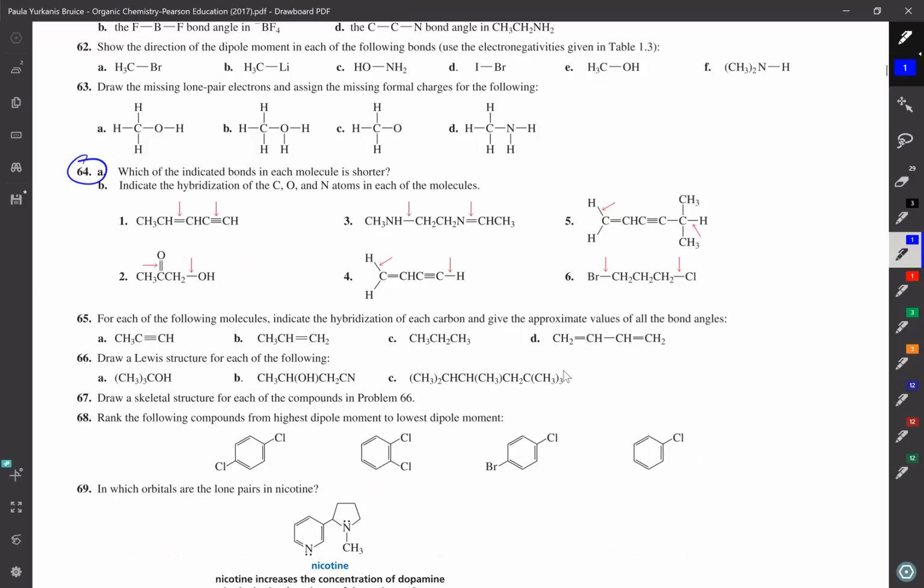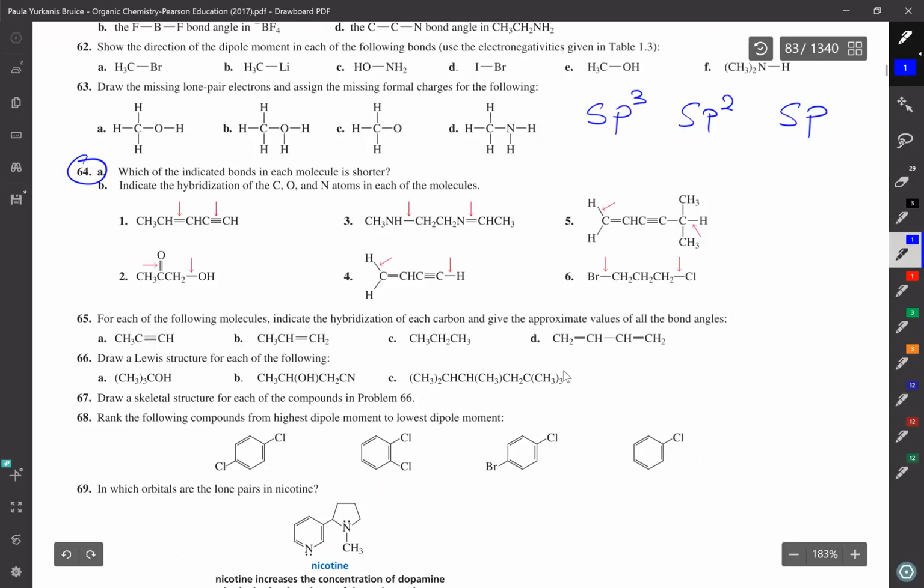The 3 types are sp3, sp2, and sp. Those are the 3 types we need to familiarize ourselves with in organic chemistry.